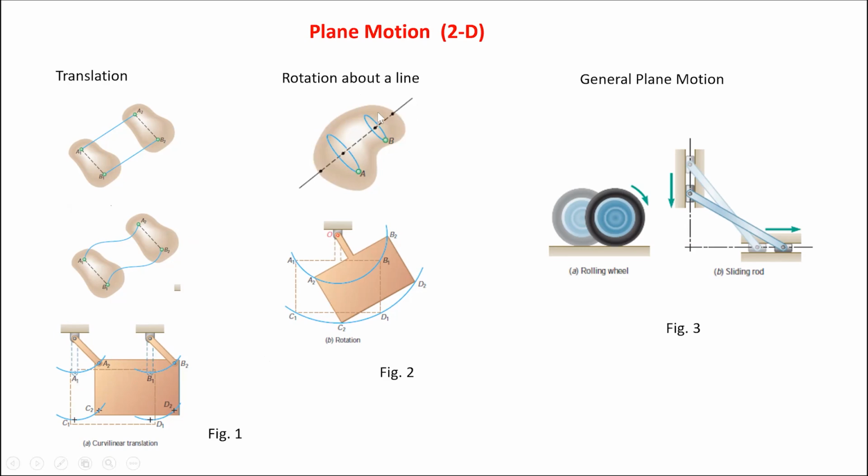The only thing is that there is one line here which is fixed, meaning the particles on this line are not moving at all, and every particle is moving in a circular path. So the rigid body has an angular rotation about this axis. This is the axis here.